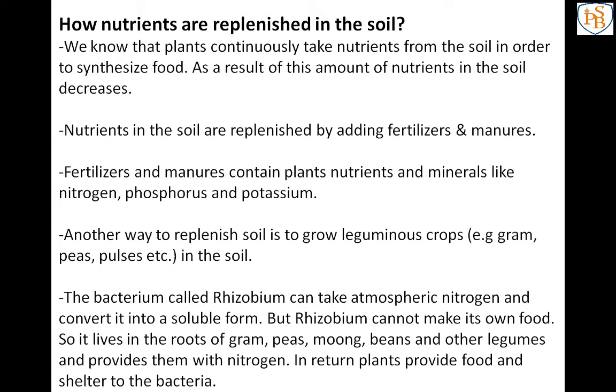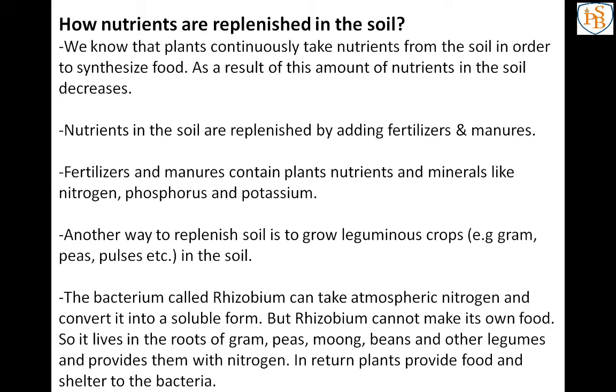So roots can take that nitrogen from the soil and supply it to the plant. As the rhizobium cannot make its own food, again there is one mode of nutrition here: rhizobium gives something to the plant and in return the plant gives something to the rhizobium.